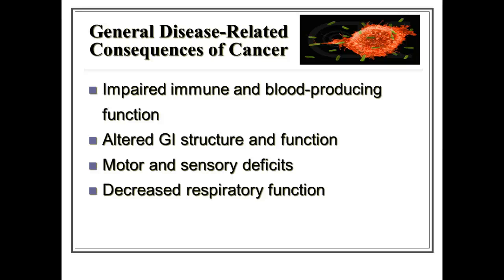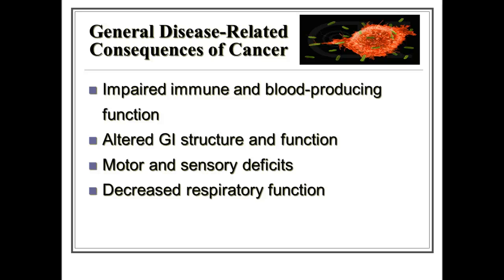Cancer can develop in any organ or tissue, and it definitely destroys the normal tissue around it. So cancers that are left untreated often cause reduced immunity and blood-producing functions, altered GI structure, motor and sensory deficits, and decreased respiratory function.